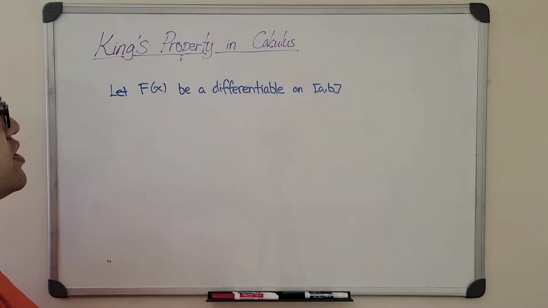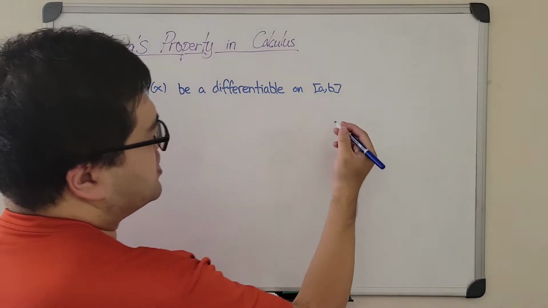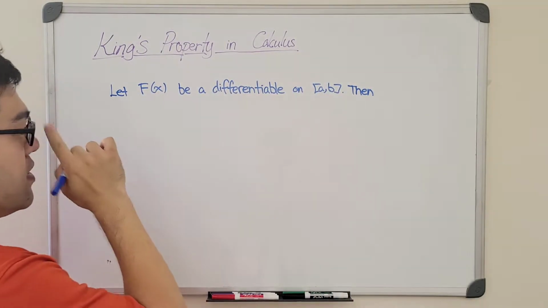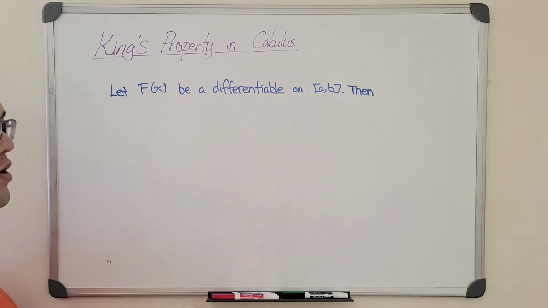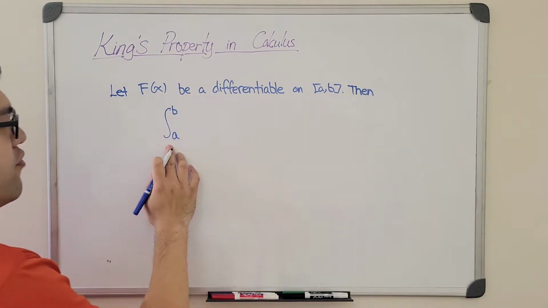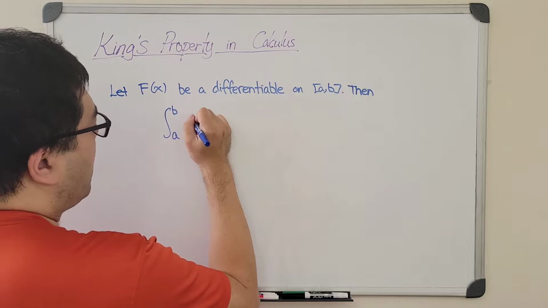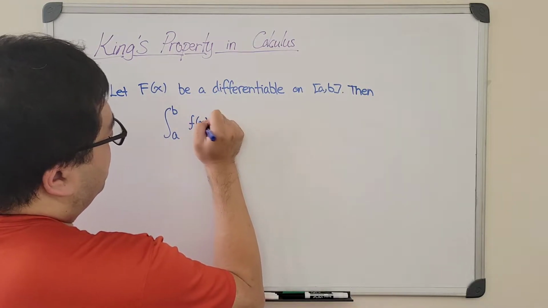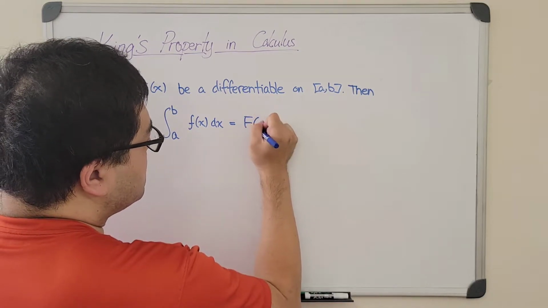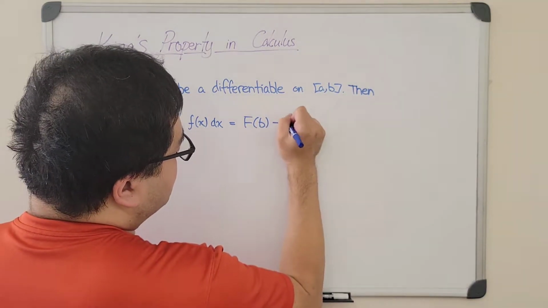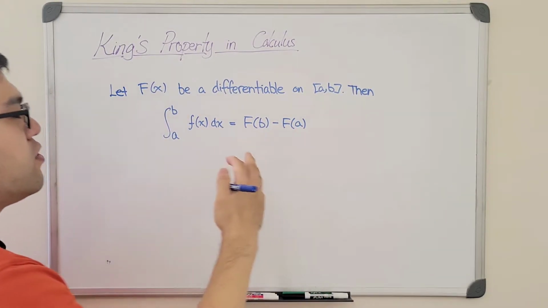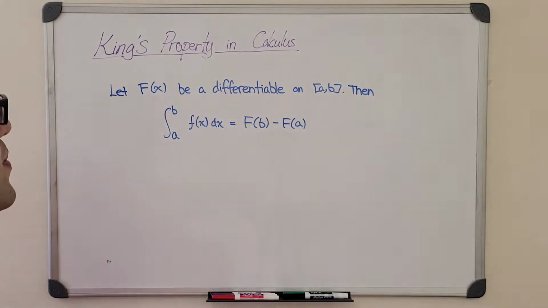Some people would just simply call it f prime of x, just for clarification. But anyway, if we have this condition, then the integral from a to b of the first derivative is equal to the difference of the two endpoints, capital F of b minus capital F of a.